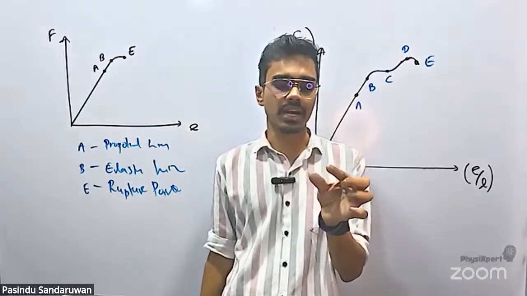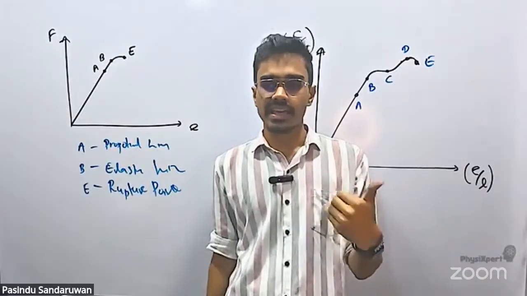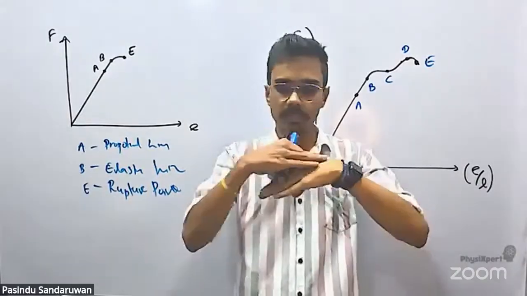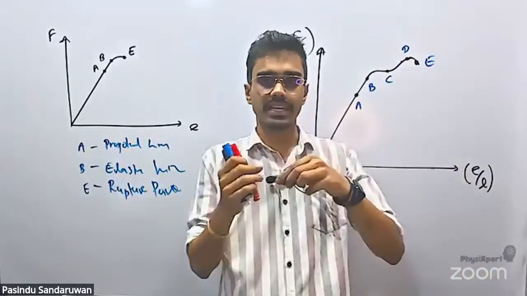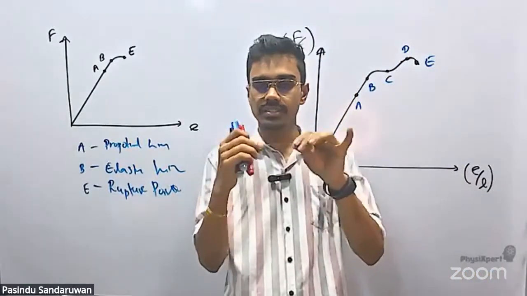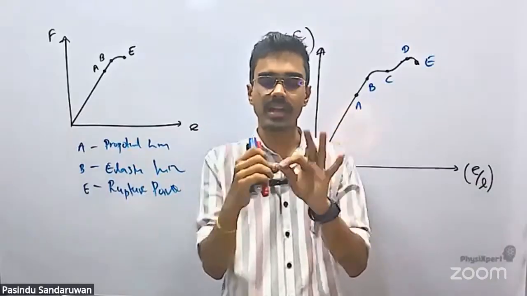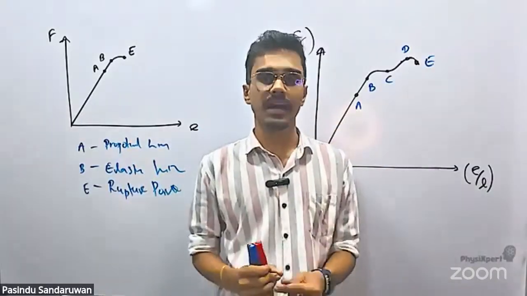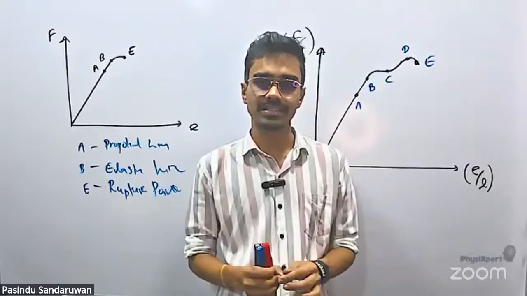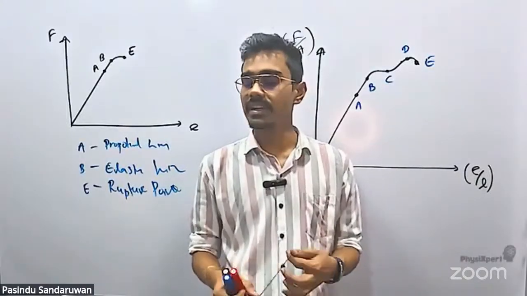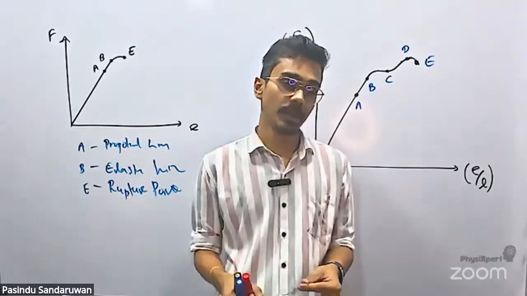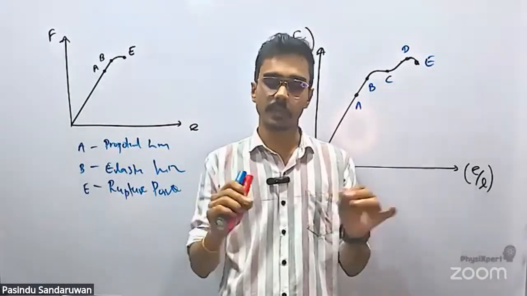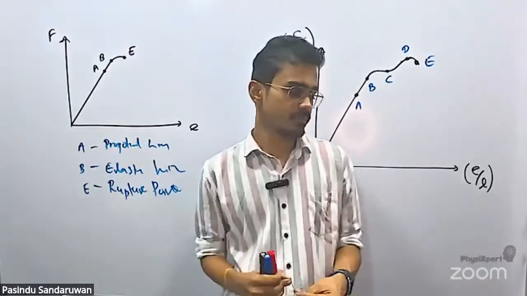And soon after the elastic limit is exceeded, they can't undergo plastic flow because they can't withstand the relative motion of layers. They don't have a plastic flow. So soon after B, what happens is it is getting ruptured.